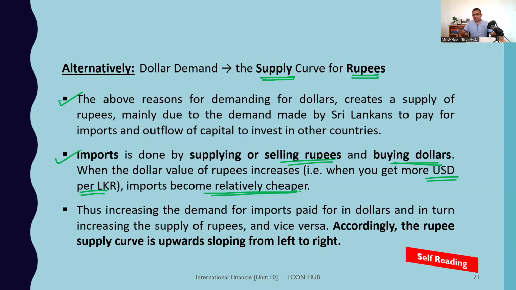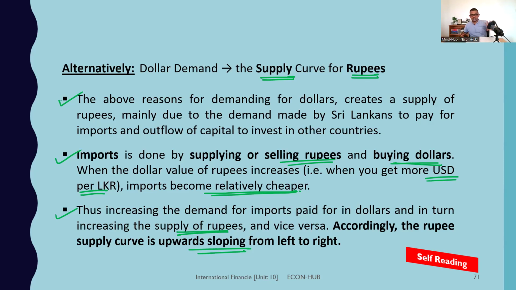Listen, third point: thus, the demand for imports paid in dollars increases, and in turn increases the supply of rupees. Can you see that? Supply of rupees, and vice versa. According to the law of supply, the rupee supply curve is upward sloping. The price of the rupee is increasing. When the value of the dollar decreases, the value of the rupee increases.